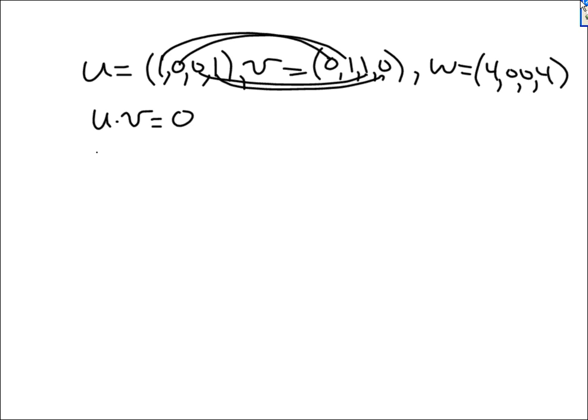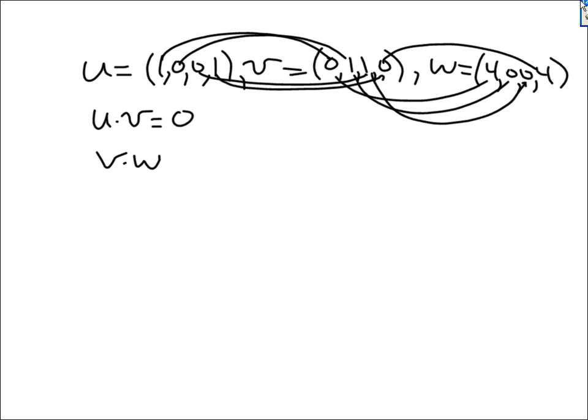Now, same thing with v dot w. 0 times 4 is 0, 1 times 0 is 0, 1 times 0 is 0, and 0 times 4 is 0. You add up all those zeros, you get 0.